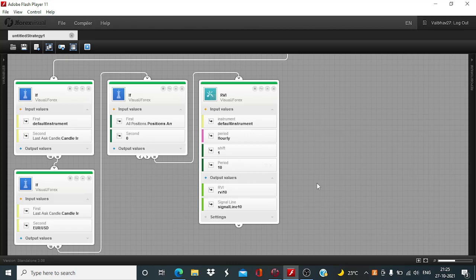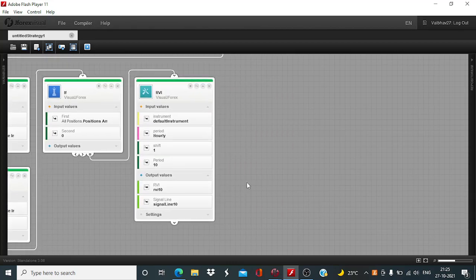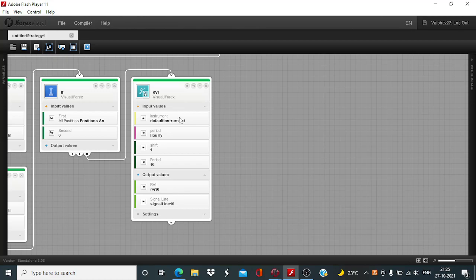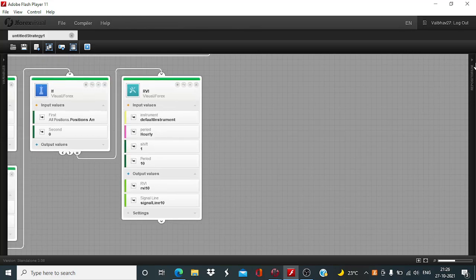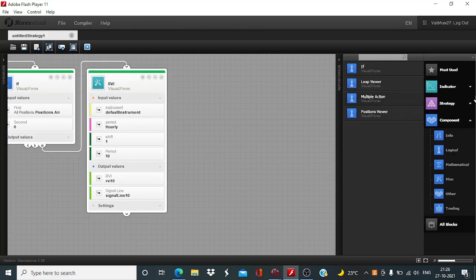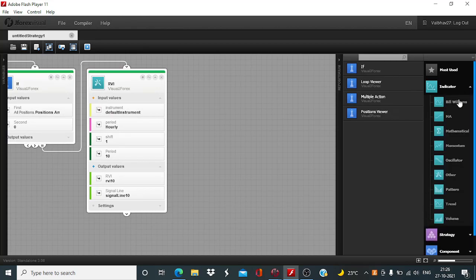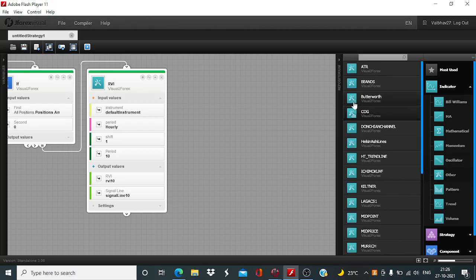So we leave it as it is, default value. Now to compare it to the output value 6 hours back, we are going to need one more RVI block. So here I will take one more of the RVI block.